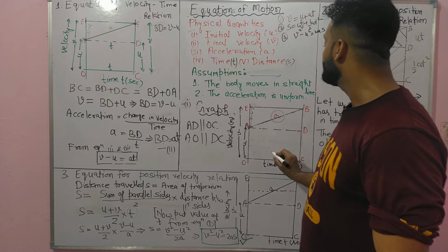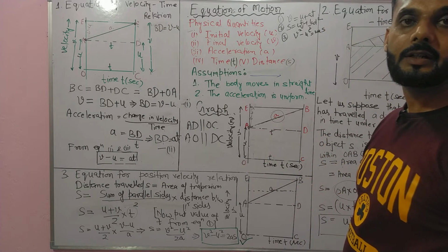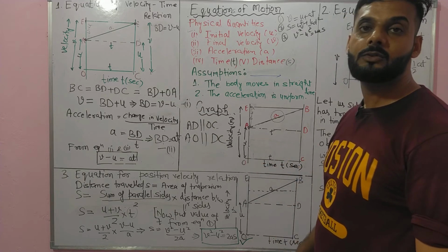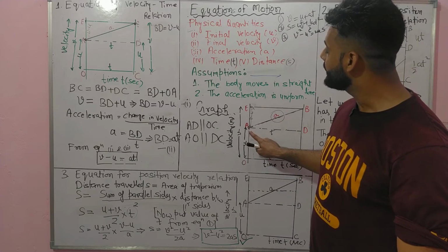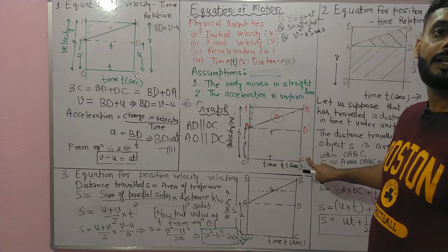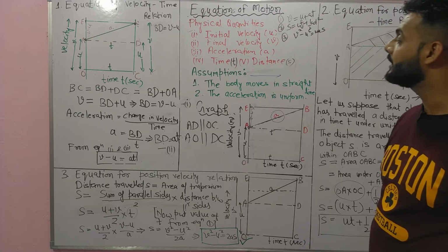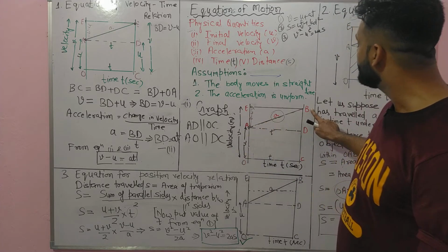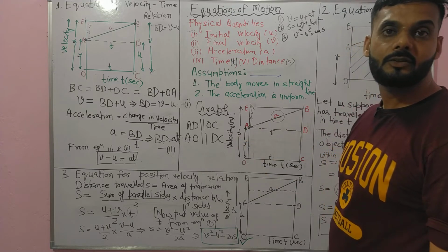So the value of T is same for both. Or we can say that AD is equal to OC is equal to T. Same as that, on y-axis we can have AO is equal to DC is equal to u, that is the initial velocity. And OE is equal to BC is equal to v, that is the final velocity.